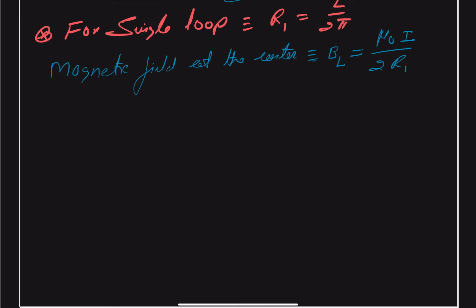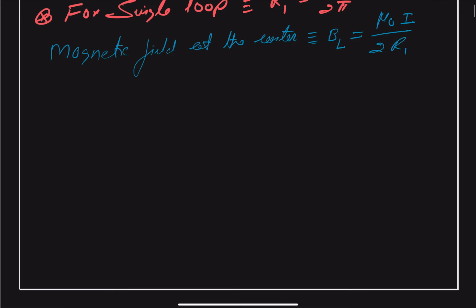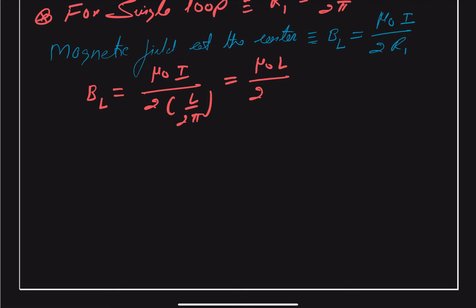We already know R1, we substitute it here, so we get the magnetic field for the single loop will be equal to mu naught I upon 2, and R1 is L upon 2 pi. So this gives us mu naught I upon 2L multiplied by 2 pi.